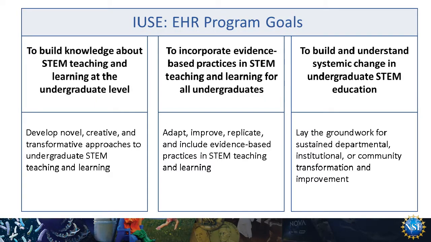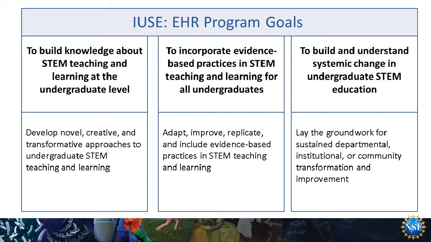The IUSE EHR program has a number of very specific goals. These goals include things like building knowledge about STEM teaching and learning at the undergraduate level, about incorporating evidence-based practices in STEM teaching and learning for all undergraduates, and also to build and understand systemic change in undergraduate STEM education.